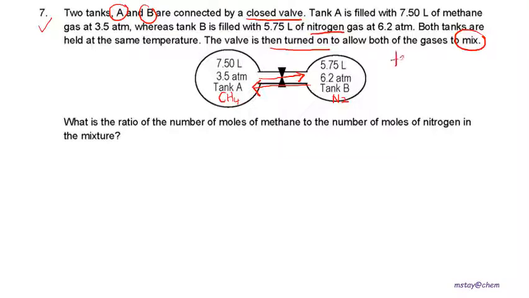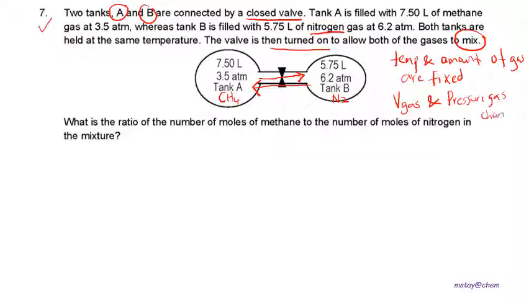At this moment, the temperature and also the amount of the gas are fixed. But what will change? The volume of the gas is changing, and also the pressure of the gas is going to change. So when this case happens, we are going to use Boyle's law, P1V1 equal to P2V2, to calculate the new pressure for the CH4.